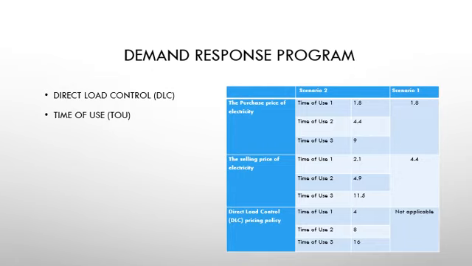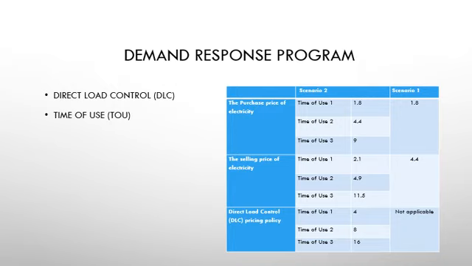The consumer may adjust power demand by postponing some tasks that require a large amount of electric power, and some customers may switch part of their consumption to alternate sources, such as solar panels or batteries.